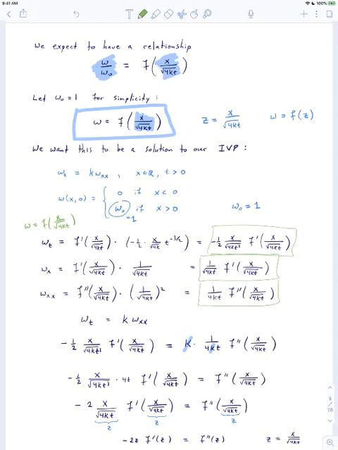Now, the differential equation says that the partial derivative with respect to t is equal to k times the second partial derivative with respect to x. Well, we've just computed these quantities, so we have the partial derivative of w with respect to t right here. So that's this one right there.